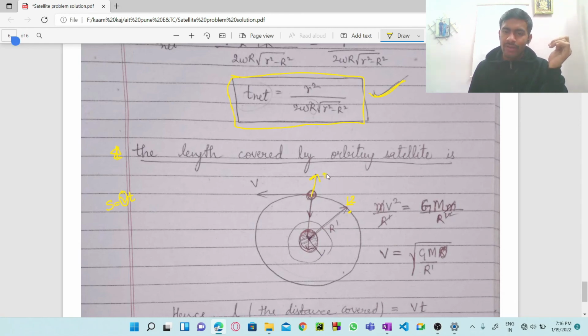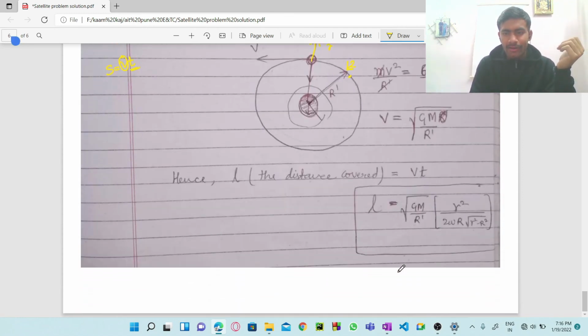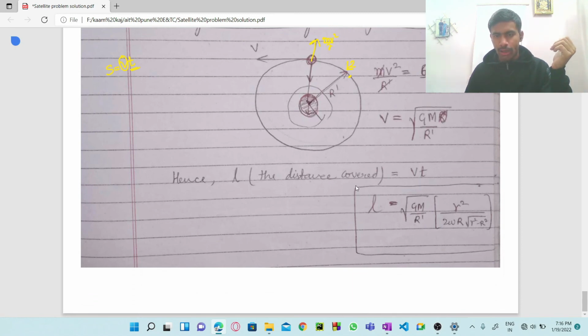What I can do is mv square upon r should be equal to the gravitational pull between these two planets. So time we know because we got this, and velocity we can find out. So simply we can write the distance it would cover in that time is this much.